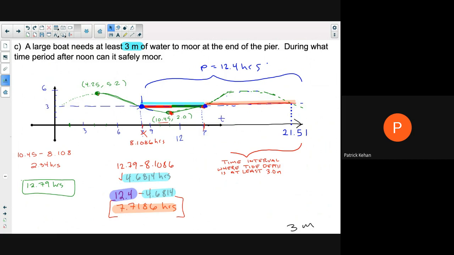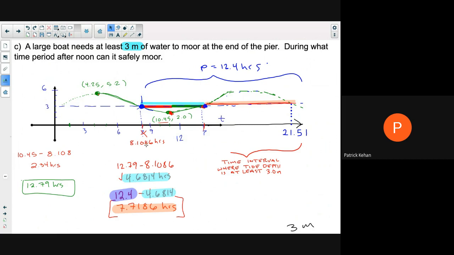So when I say this minimum point of 10.45 hours is a symmetrical point, meaning that this section in red on the 3-meter line is the same as this section in green on the 3-meter line, right? So how do we find this section in red? What's that length of time?